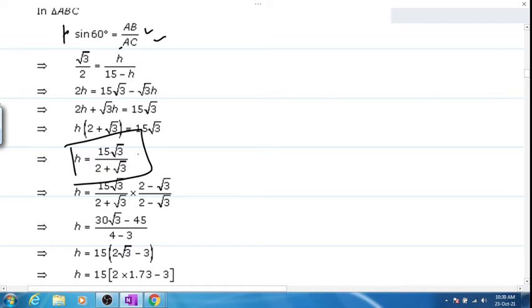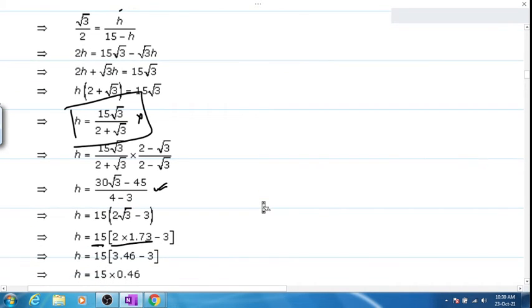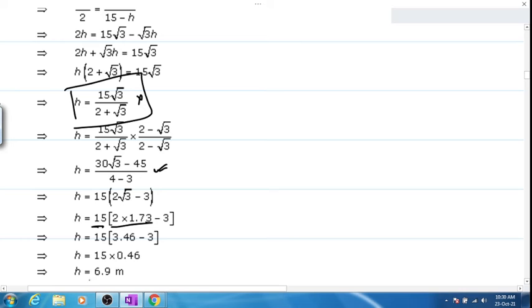Now as you know that root 3 is a root, and we don't have to consider the root in the denominator, so we go on to rationalize by multiplying 2 minus root 3 in numerator as well as denominator, so you get in turn 15 into 2 into 1.73 minus 1, giving the answer as 6.9 meters.